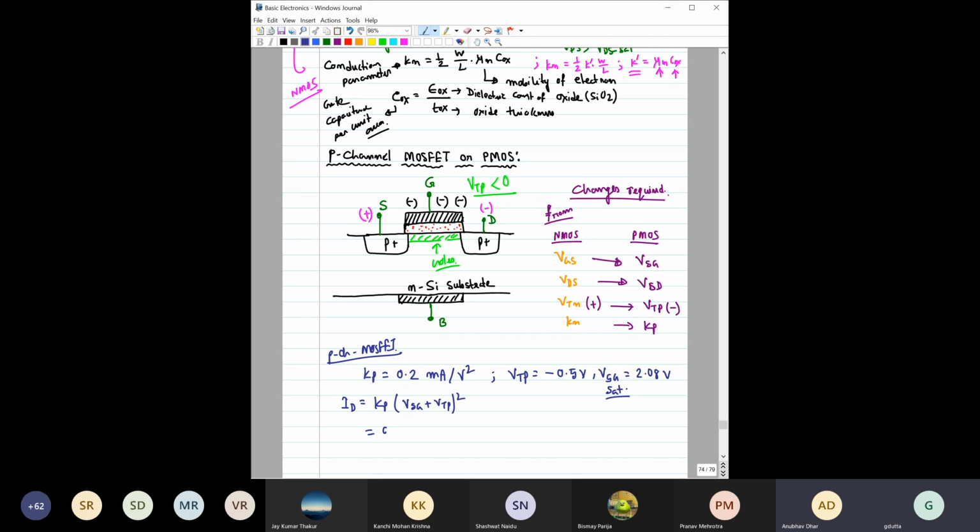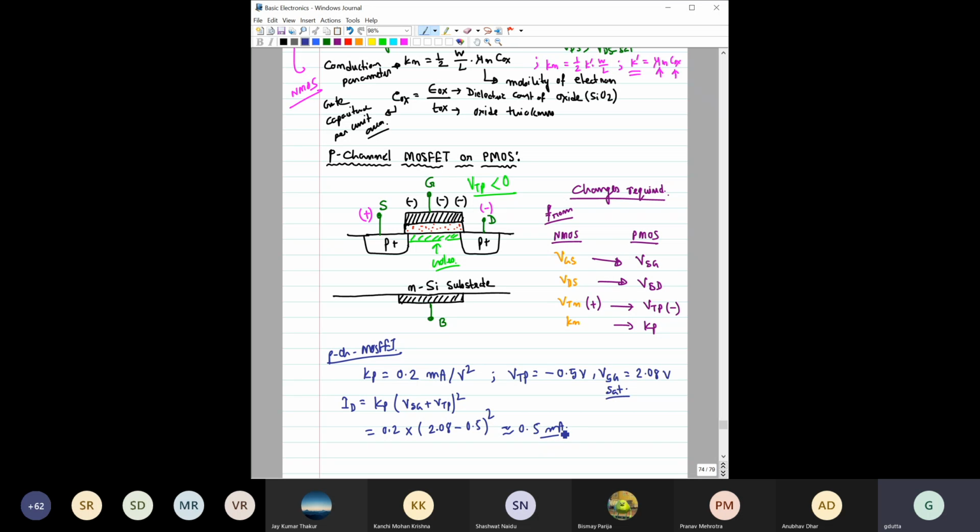So this becomes 0.2, the Kp value, and this VSG is 2.08. Should it be plus 0.5 or minus 0.5 here? Minus. Yes, you have almost got it right. It is then 0.5 milliamps, this would be the current.